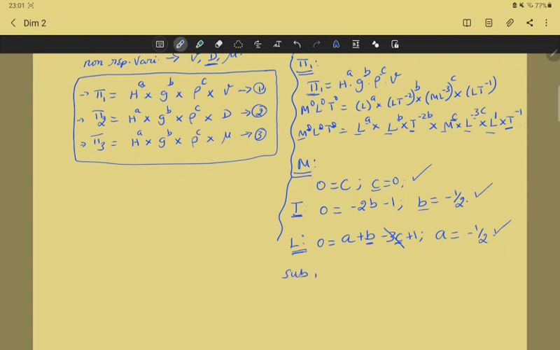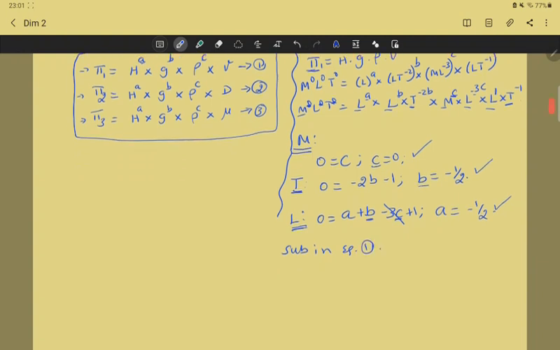So pi 1 equals h power a, a is negative 1 by 2, times g power b, b is also negative 1 by 2, times rho power 0 times v.